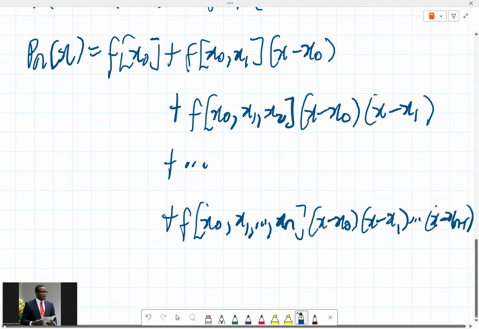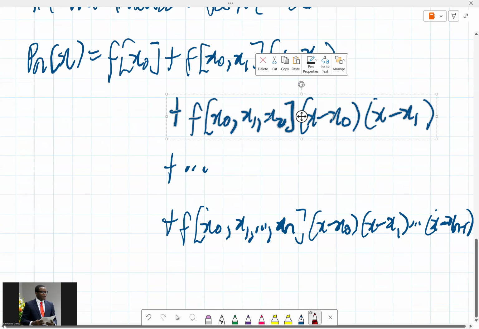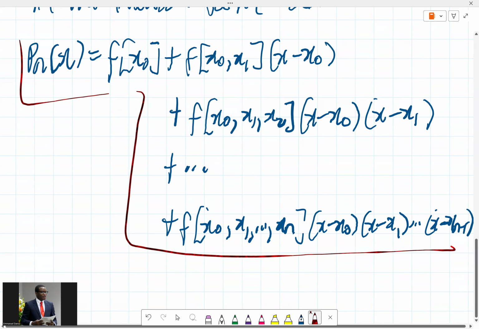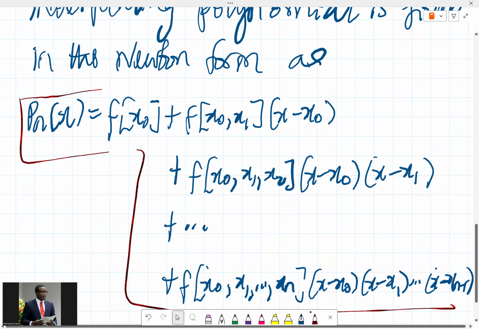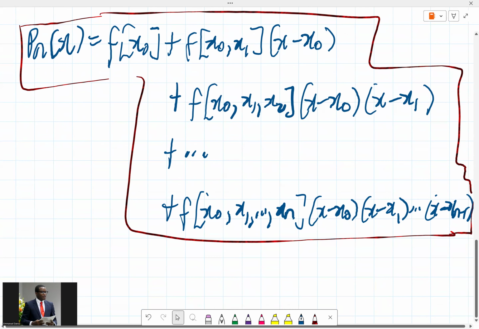You can already see the pattern. The formula may look somehow, but an example will make it very clear. So that's what the Newton divided difference formula looks like.